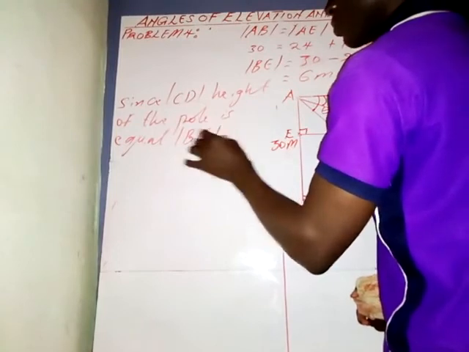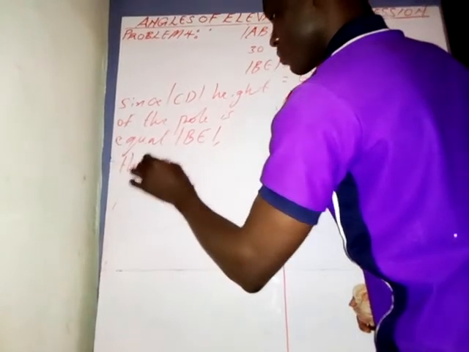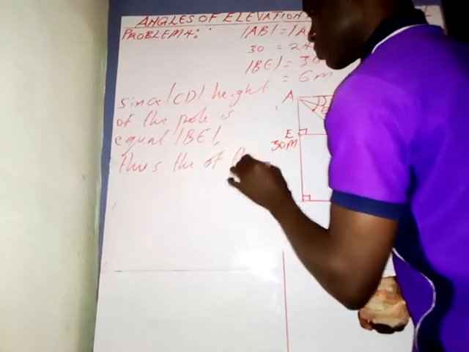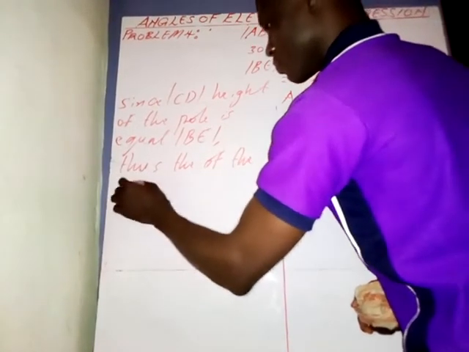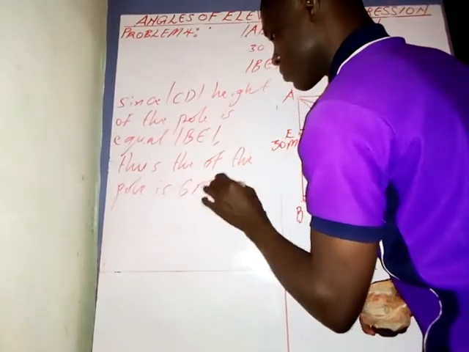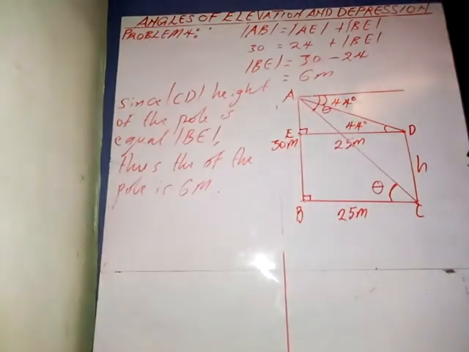So the height of the pole is 6 meters. That is the final answer.